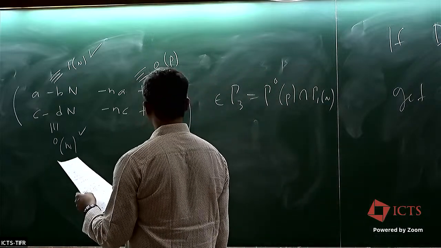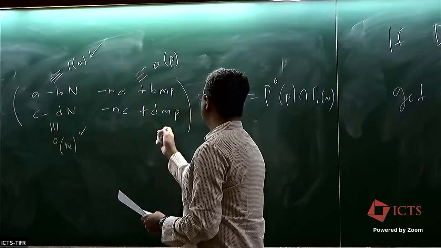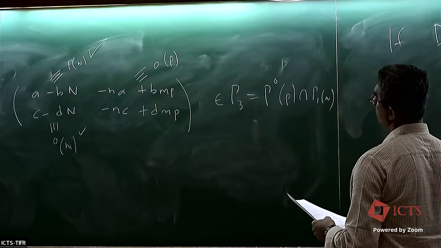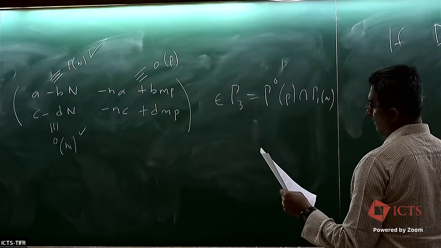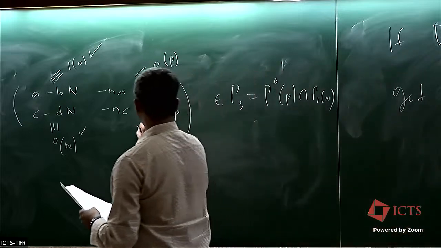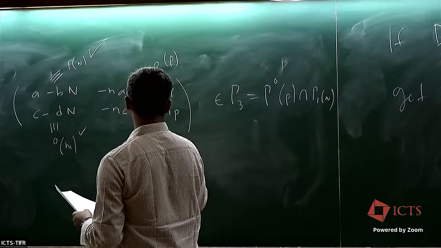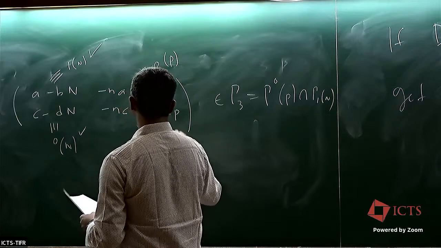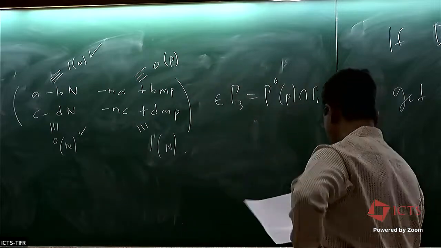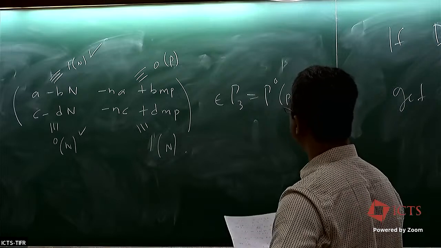So, why is that true? Well, C is 0 mod N, so that's not there. And what about this? D was 1 mod N. Don't see it. I'm standing at the blackboard and not seeing it.